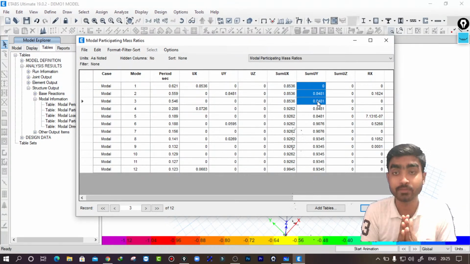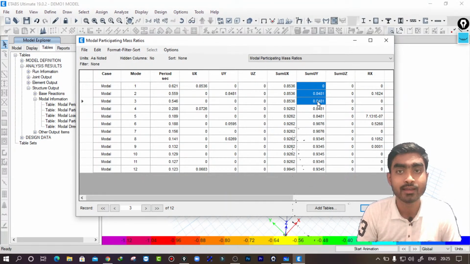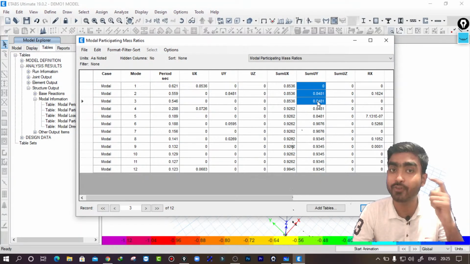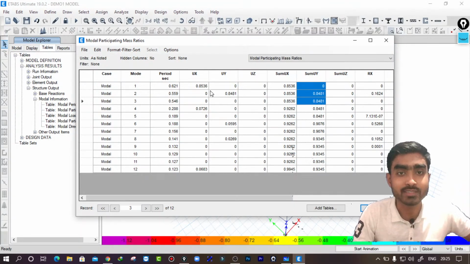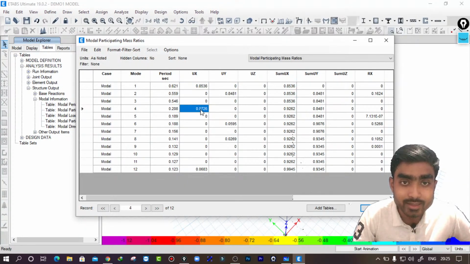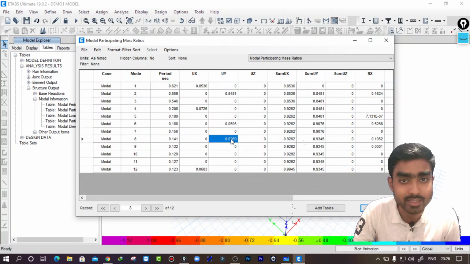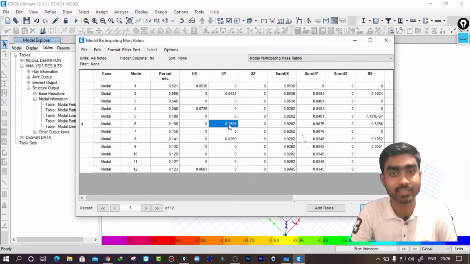Now the actual concept is the first three modes dominating in each plane direction. That means this mode and this mode are the first three modes dominating in x direction, and these three modes are dominating in y direction.